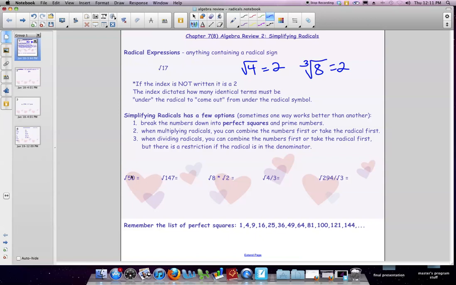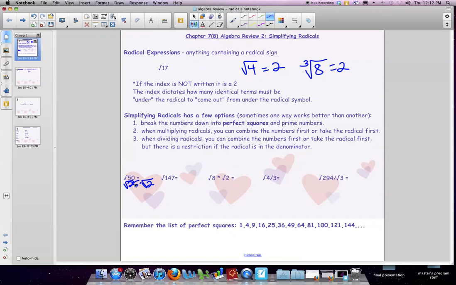For example, the square root of 50 has a factor of 25. 25 is a nice perfect square. So the square root of 50, we would break that up into the square root of 25 times the square root of 2. Because 25 times 2 is 50.